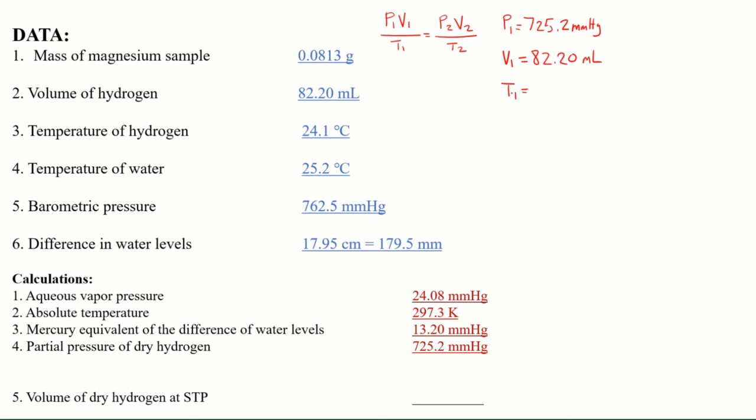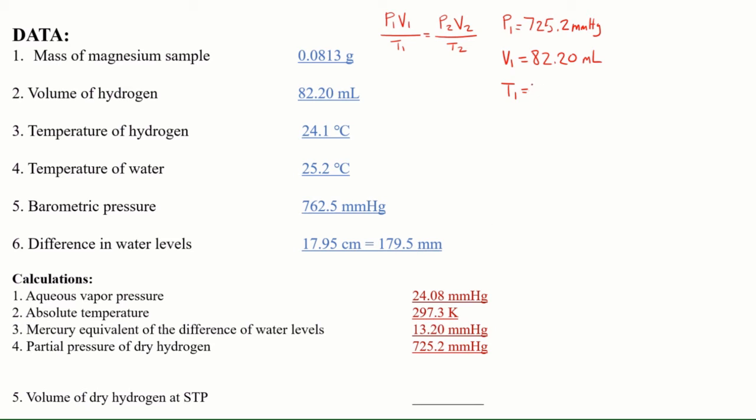T1, the experimental temperature of hydrogen gas, was 24.1 degrees Celsius. But if you remember, we calculated the absolute temperature of hydrogen gas in line number 2 of the calculation, which was 297.3 Kelvin. And we're going to use the Kelvin.